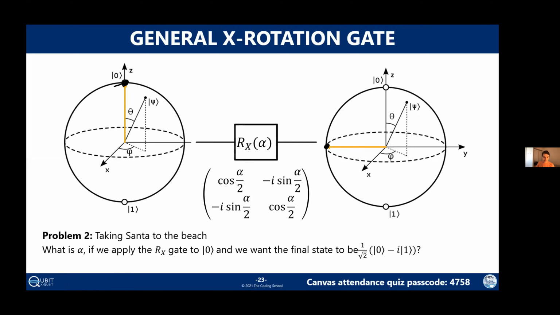Okay, so again, I'll give you a moment to think about this. Now, I like to just draw these things out personally. So if I'm trying to go from the yellow arrow to this final state, on the beach, so to say, that rotation is going to be 90 degrees, right? You have to rotate the whole sphere 90 degrees to get the arrow in the right location. And that's pi over 2.